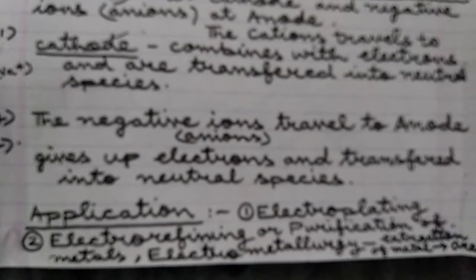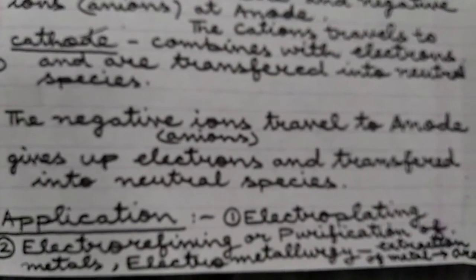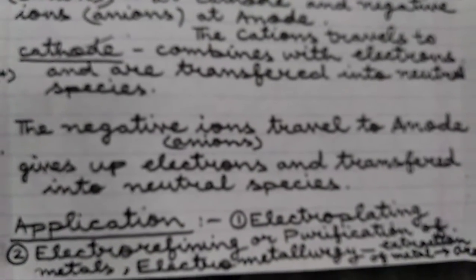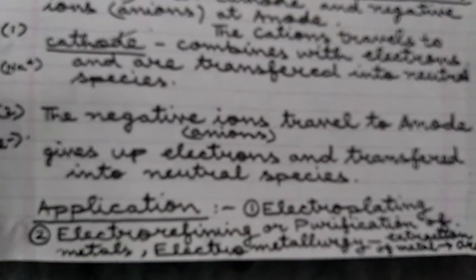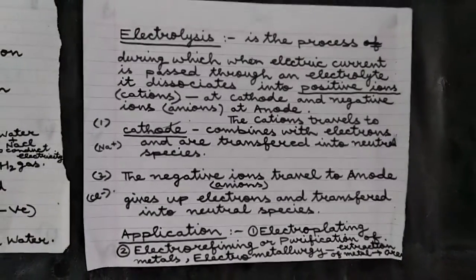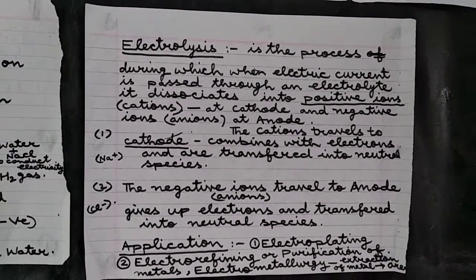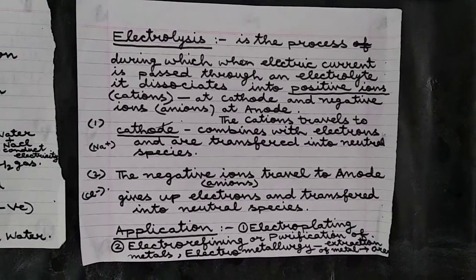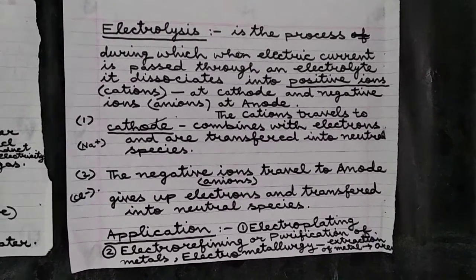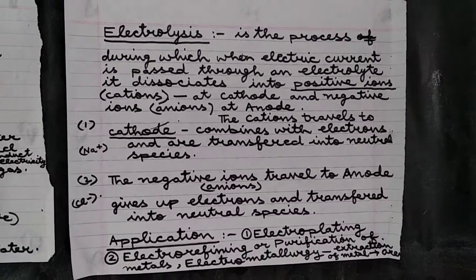Whereas the anions travel to the positive electrode of the electrolytic cell, which is called the anode, and there they give up the electrons and are transformed into neutral species. So this is how you can explain the process of electrolysis. I hope you have understood how the process of electrolysis takes place.